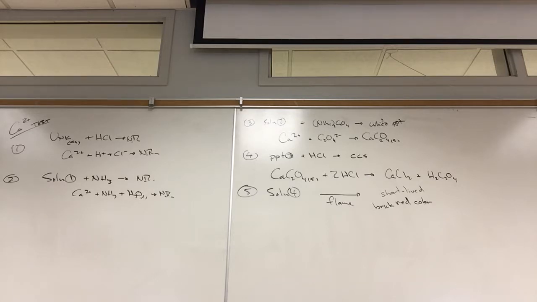If you want to know what it looks like, we have calcium chloride in the dropper bottles. You can just take some calcium chloride, put it in the flame, and see what it's supposed to look like. Hopefully our calcium chloride has not been contaminated. That's always a risk, contamination. Some things are just contaminated naturally.